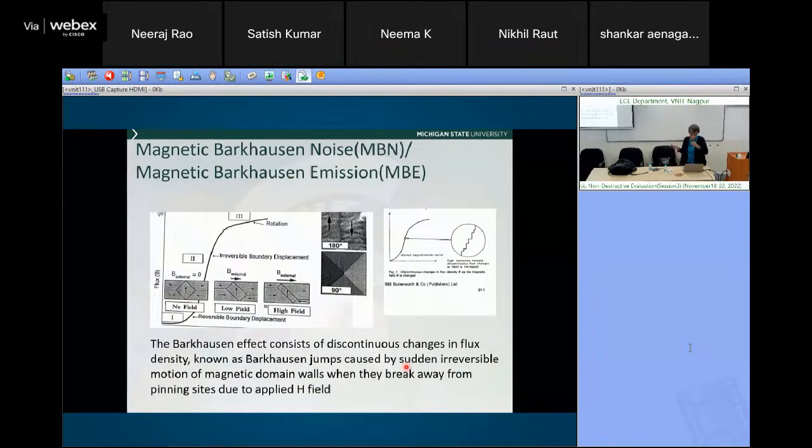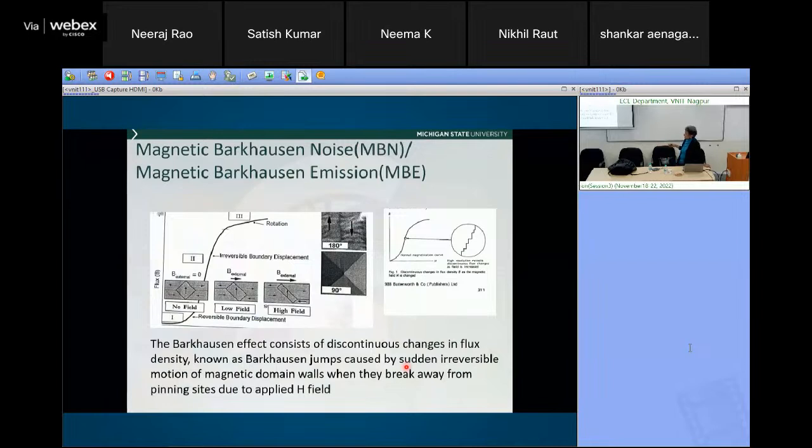The voltage that is generated is a noisy signal, not a very smooth signal. When you look at the derivative of this, you can get the Barkhausen noise signal. We call it the Barkhausen noise. So this is the low field and this is the high field, and you can see how the domains are moving quite a bit.